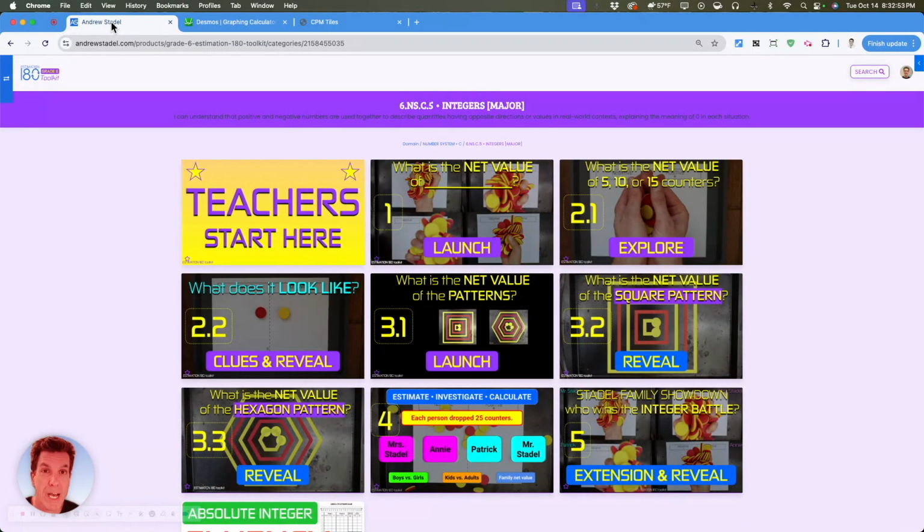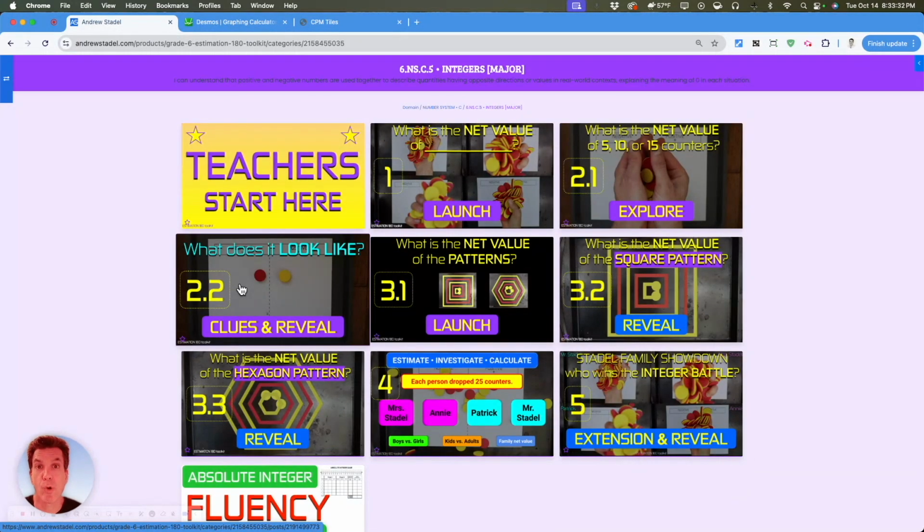And there's a series of tasks for students and teachers to use in grade 6 where they can visually engage in an estimation task, but also visually engage with the concept of integers and negatives and positives and making 0 pairs.